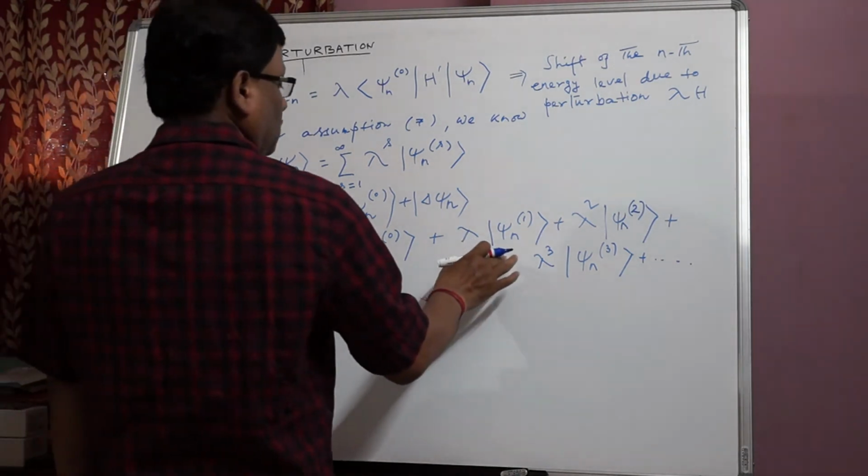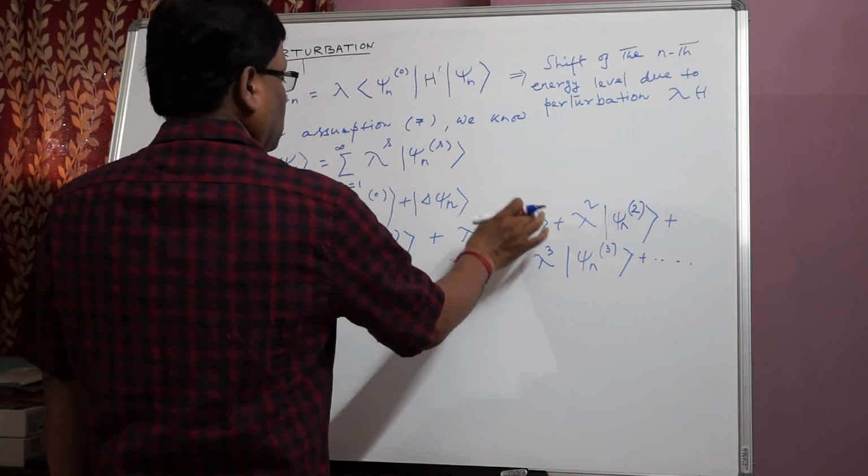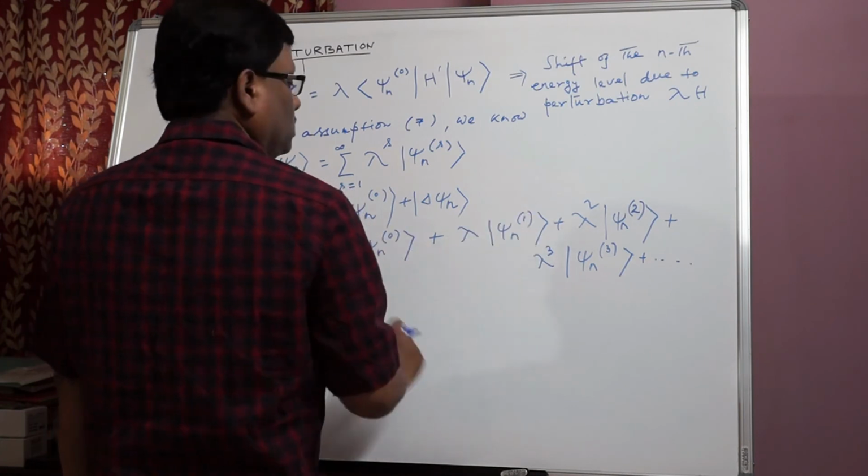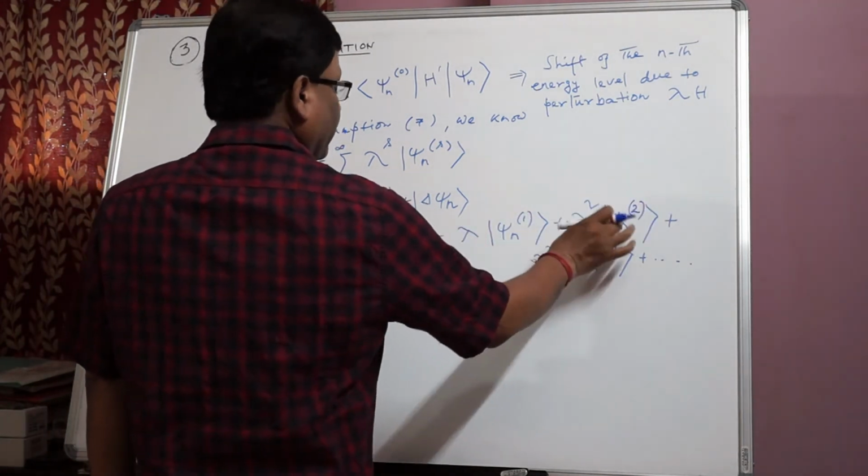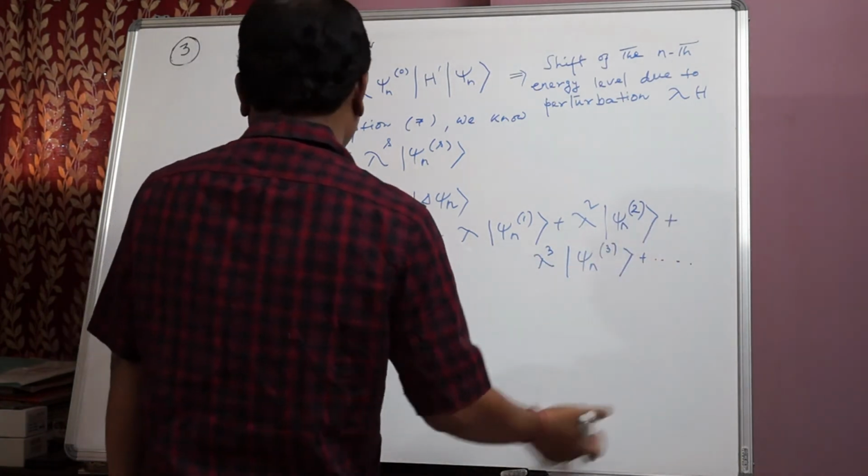So psi n1 gives the first order corrections to psi n0, psi n2 gives the second order correction to psi n0, and so on.